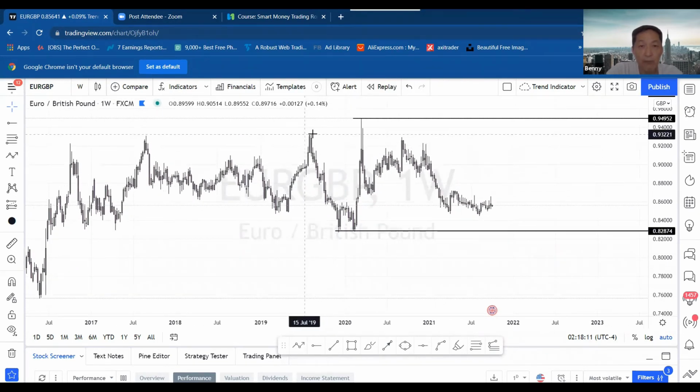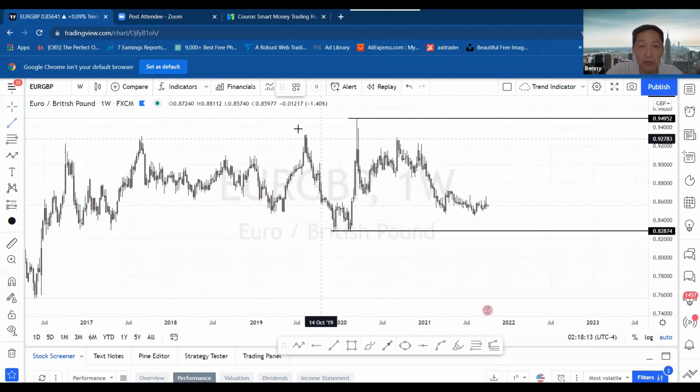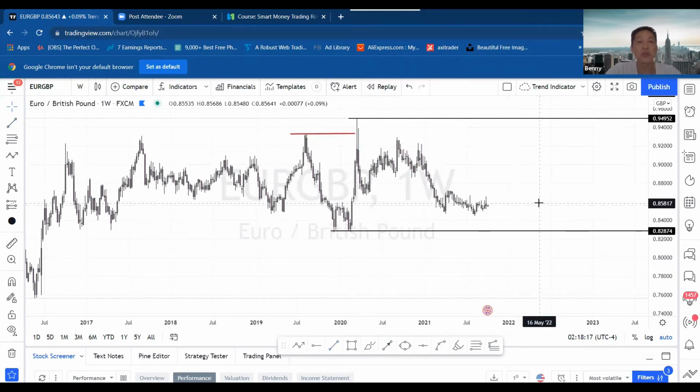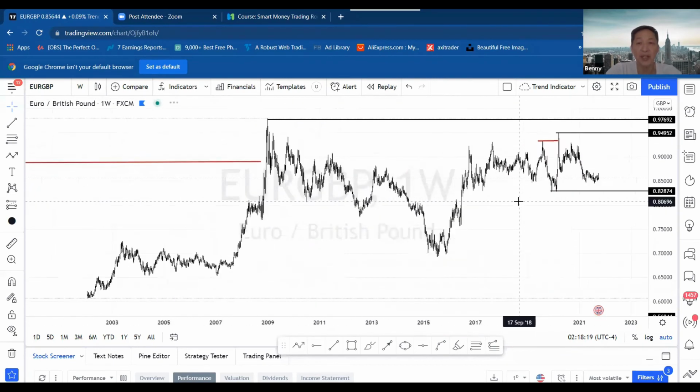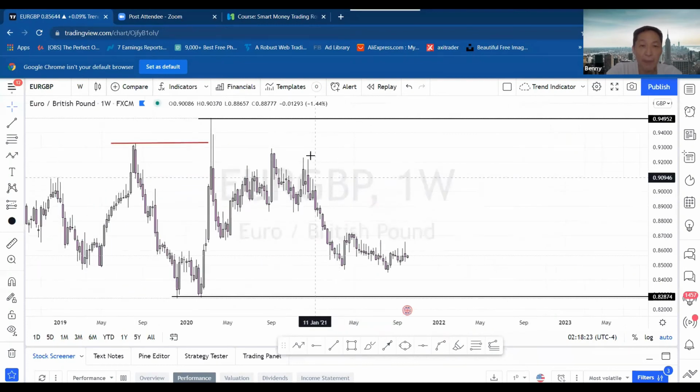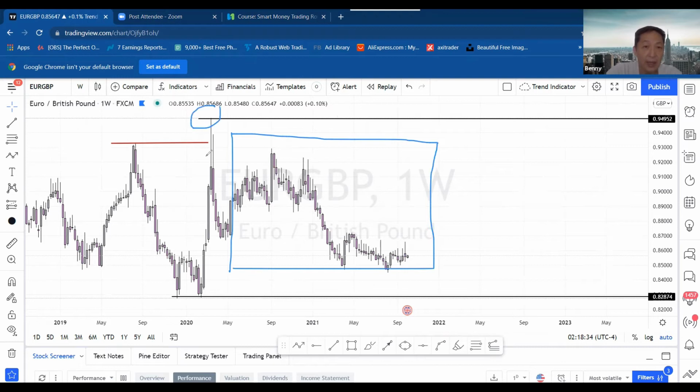So now we have both monthly and weekly bullish. Whatever happened here, you see all this price action contained within this high and low, it belongs to another different time frame trend, right?